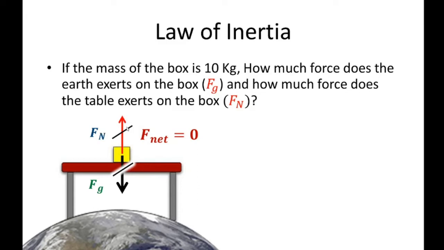They are both equal in magnitude, so they cancel out. So our net force for the forces acting on the box is zero, meaning all the forces, the normal force and the force of gravity, cancel out because they are acting in the opposite direction and they are also equal.